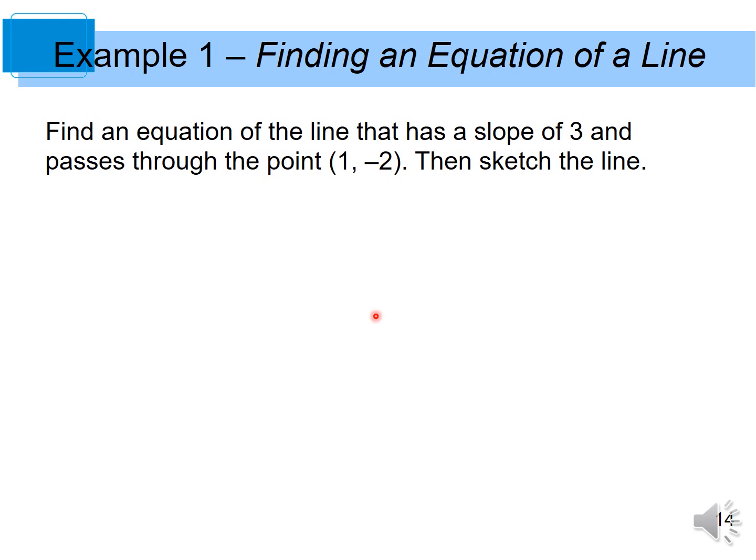Okay, let's try the first example. Find an equation of the line that has a slope of 3 and passes through the point 1, negative 2. Then sketch the line. How are you going to find the equation of the line? Use the point slope form.